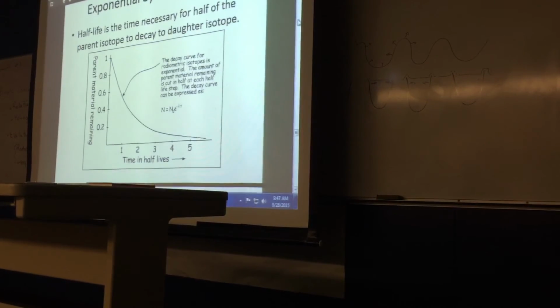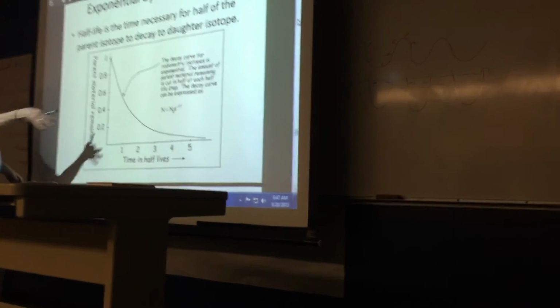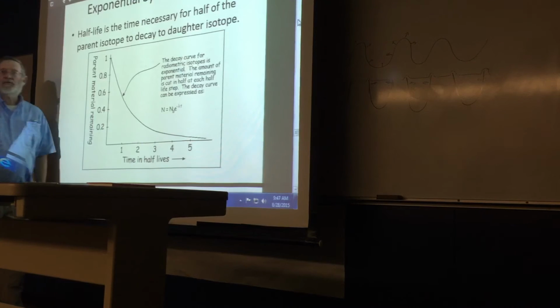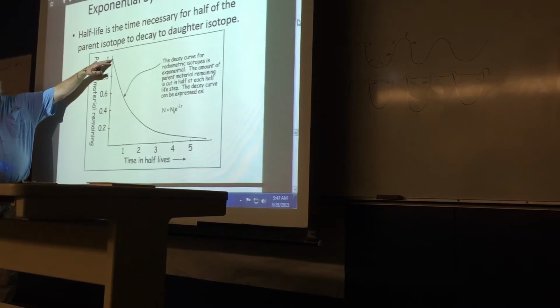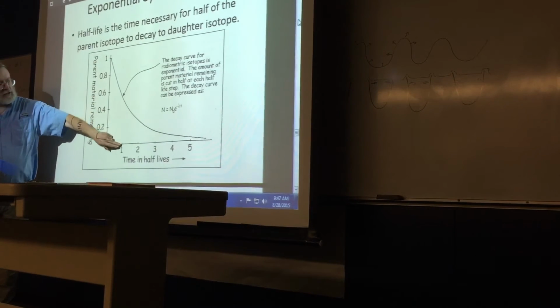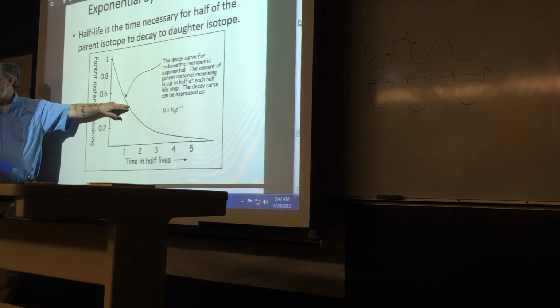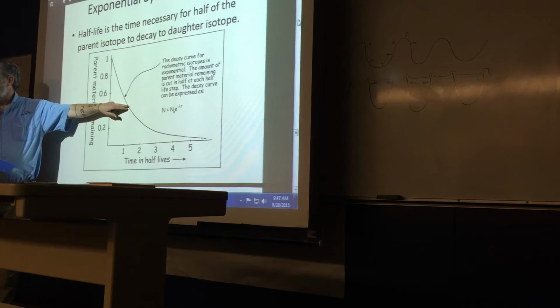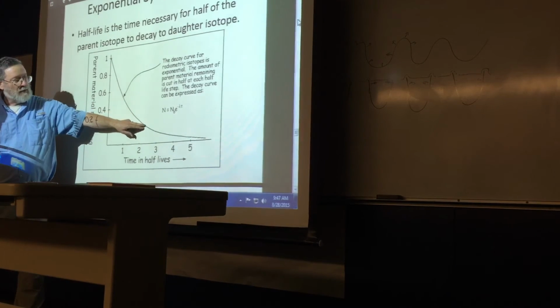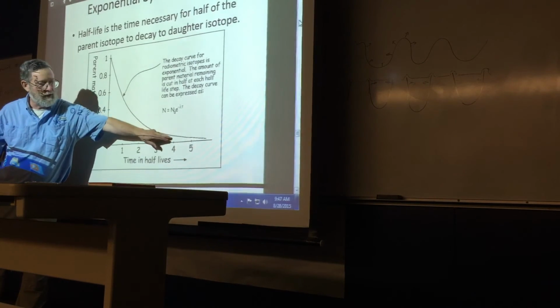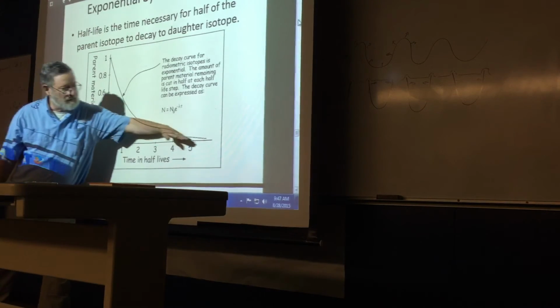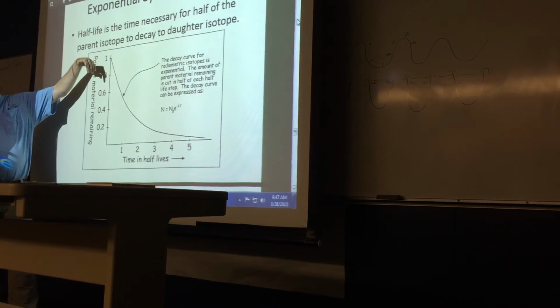So if we look at a normal decay curve, this would be a typical decay curve. We start off with 100% of the parent material, and for each half-life, we end up with half of the parent material remaining. So if we go from here to here, we have another half, another half, another half, so that we have this asymptotic, beautiful exponential decay curve.